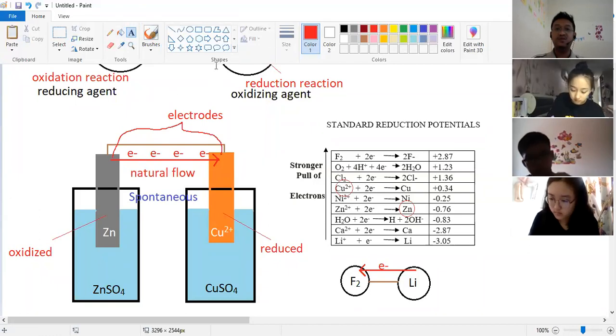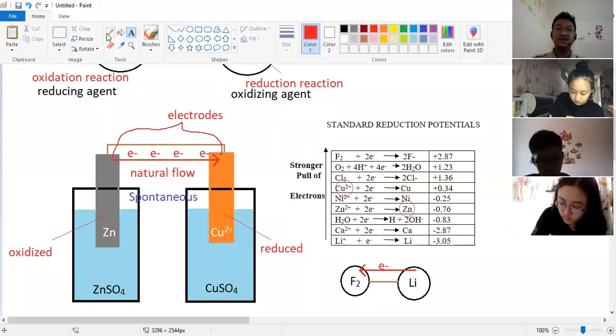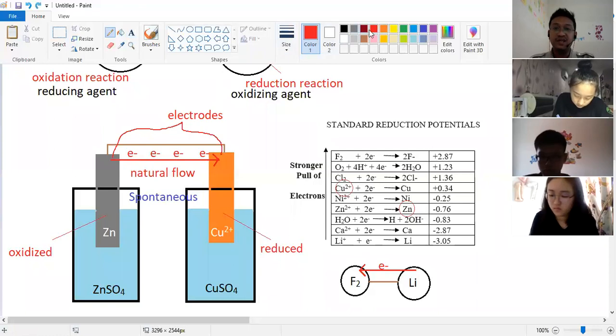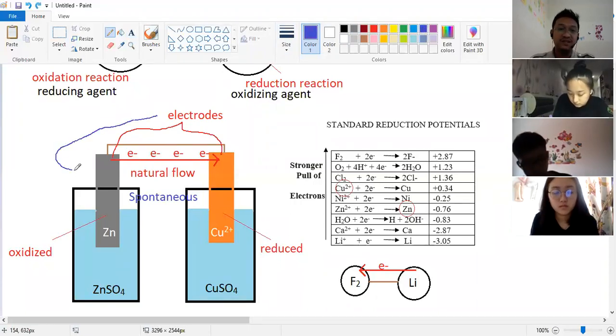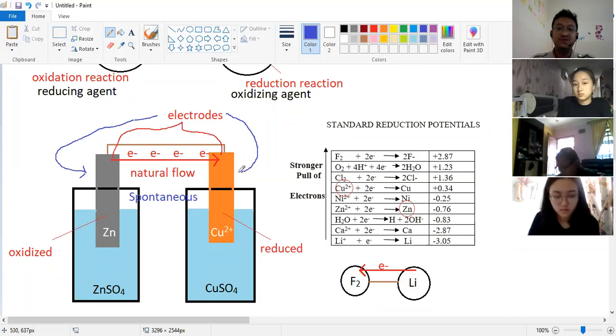One electrode is where oxidation happens, so we are referring to zinc in this example. And the other electrode is where reduction happens, so we are referring to copper.